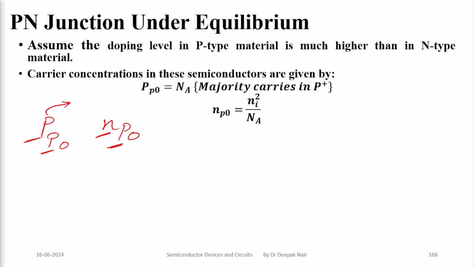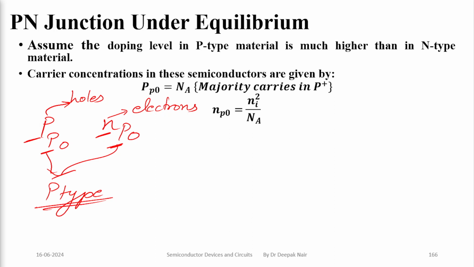The P represents the holes, the N represents the electrons, and the subscript P represents the P type semiconductor.